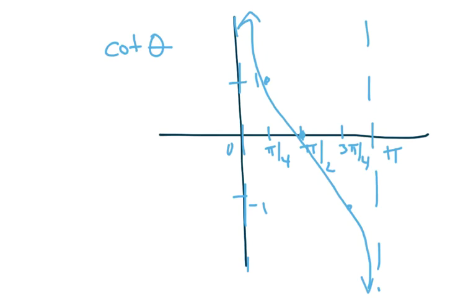So in order to do a transformation on this graph, I'm going to figure out where my new asymptotes will be by setting what I take the cotangent of equal to 0 and to 1 pi. Like in the previous problem, I set it equal to -pi/2 and pi/2 because that's where the asymptotes of tangent are. For cotangent, the asymptotes are at 0 and pi.